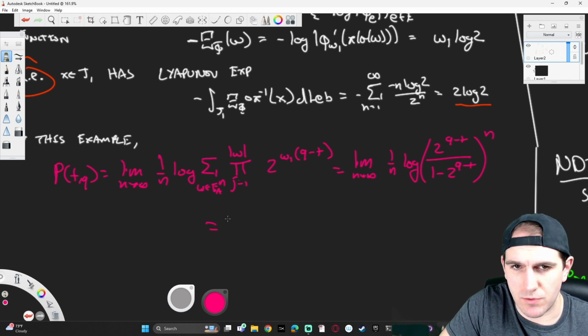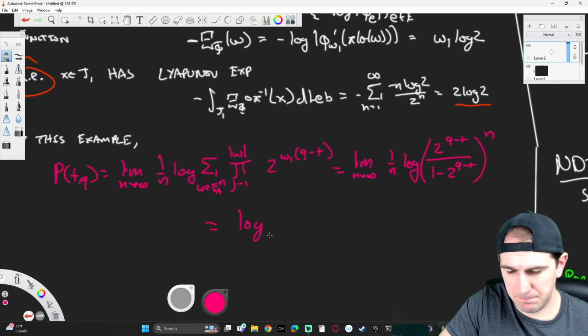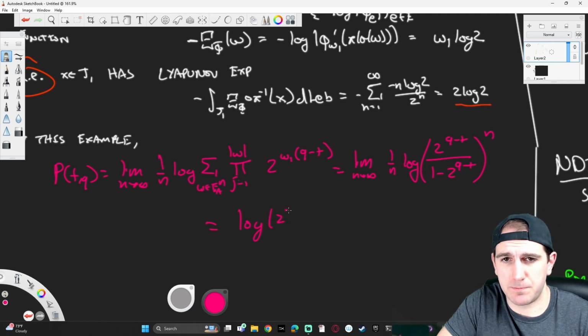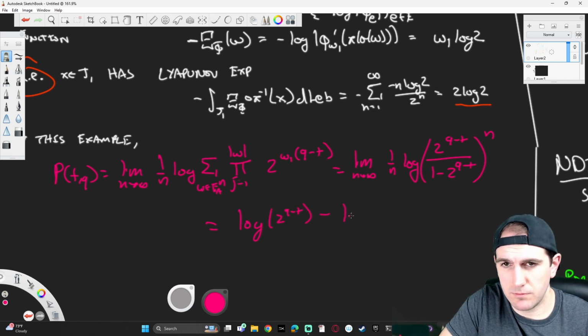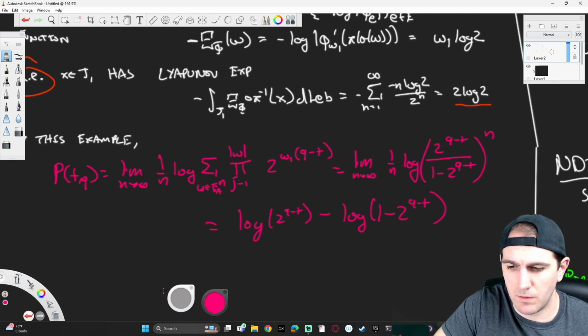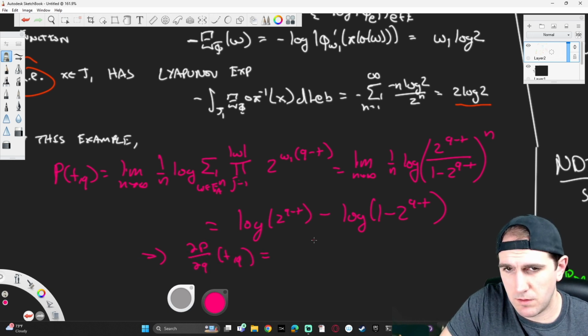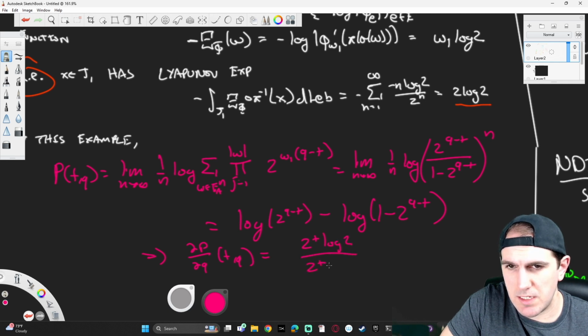Which is equal to, so the n's will come out and cancel. So we can actually evaluate this limit. And that means that the derivative is also calculable in this case. So we'll get 2 log 2 over 2^t minus 2^q.